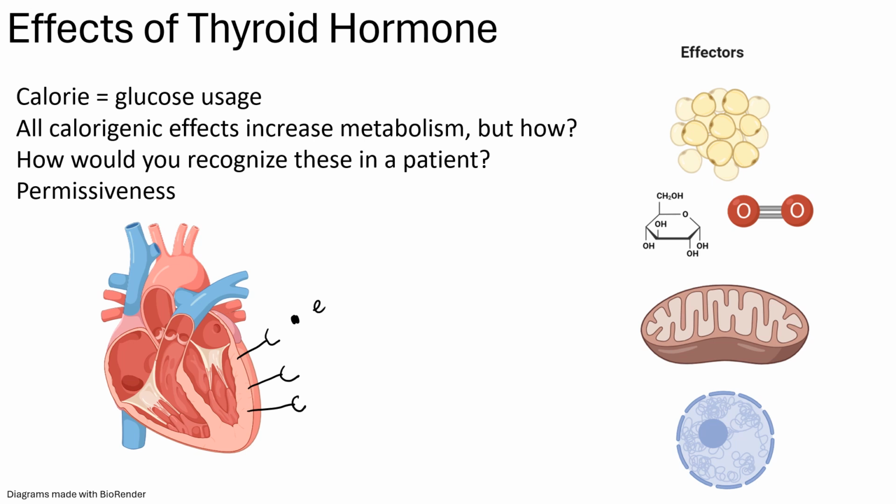So thyroid hormone doesn't increase the amount of epinephrine that you're making. What it does is increase your susceptibility. I'm sorry, let me make that more clear. It increases your heart's susceptibility to the epinephrine that you already make. And so this can account for the sign of the increased heart rate that is many times associated with hyperthyroidism.